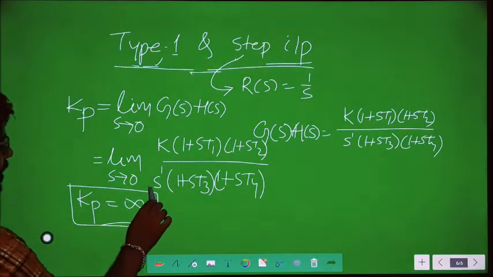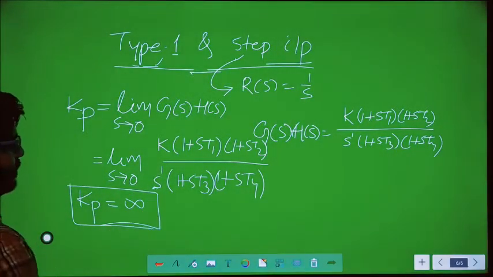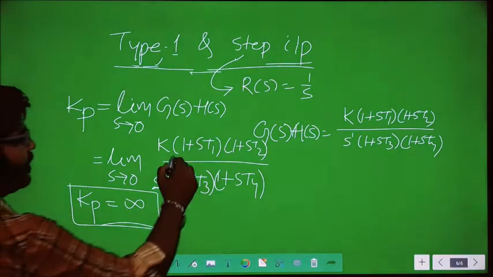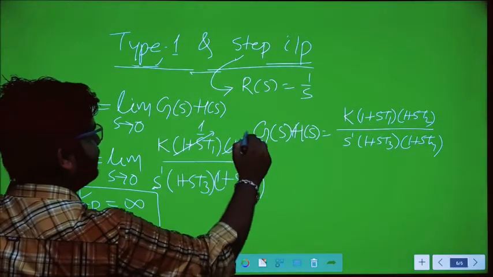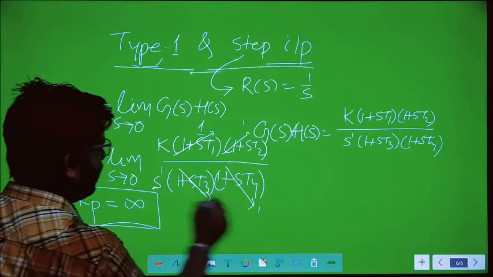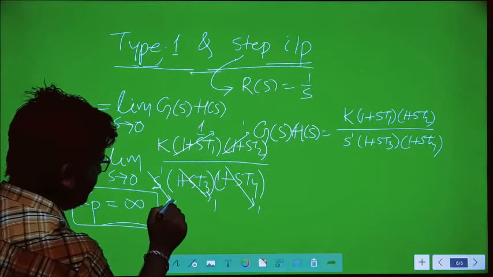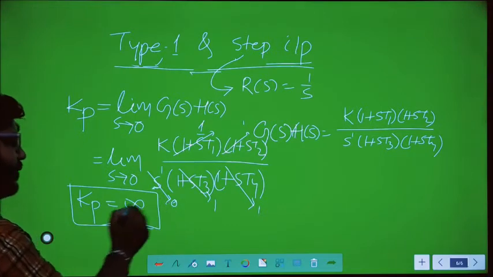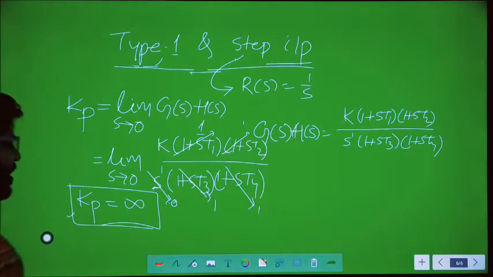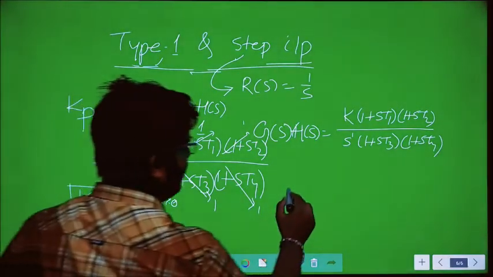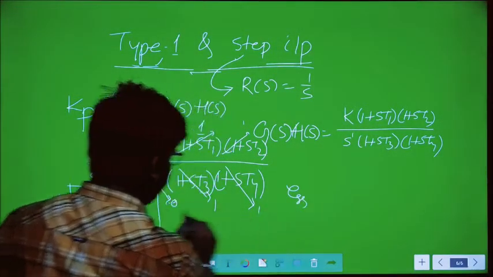If you apply S equal to 0, this becomes 1, this becomes 1, this becomes 1, this becomes 1. But what about this? This becomes 0. So you can write K divided by 0 is equal to infinite. My Kp becomes infinite.